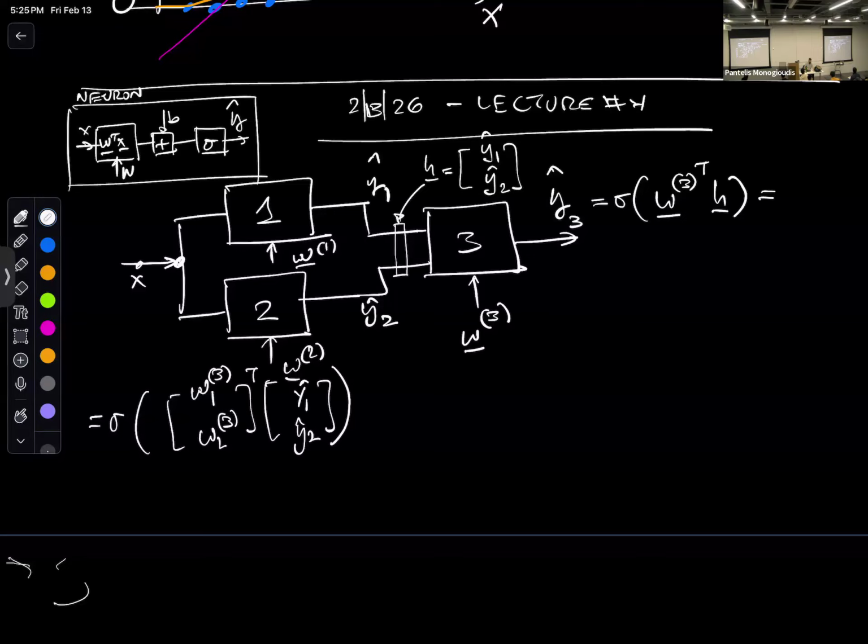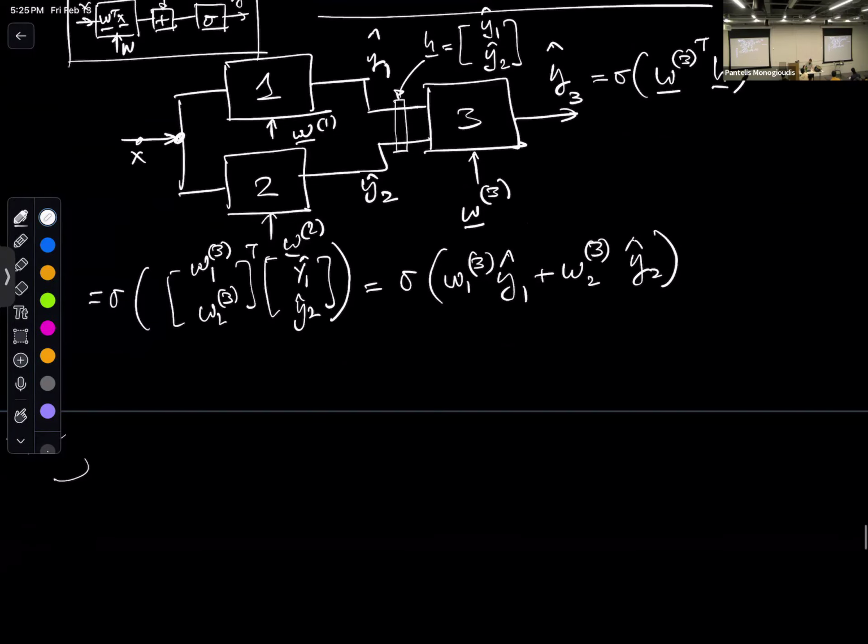So this will be sigma of W1,3 y hat 1 plus W2,3 y hat 2. I'm not doing anything intelligent here, just writing down what's happening in the block diagram. What I'm writing over here are called forward path equations. I'm going from the input to writing the output as a function of the input.